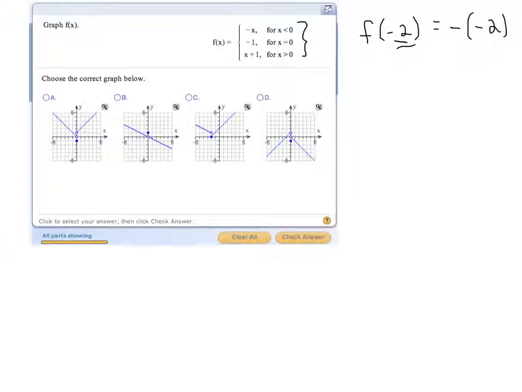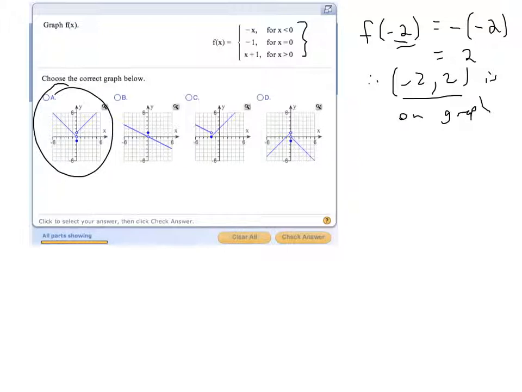So that's equal to +2, and therefore the point -2, 2 is on the graph. The x-coordinate is the input, the y-coordinate is the output. And if we look at our choices, this graph looks like it has the point -2, 2.